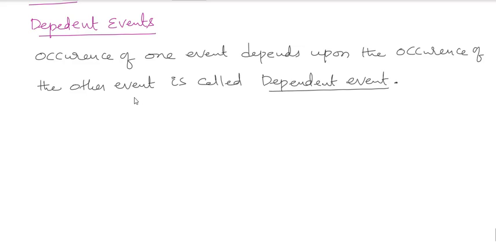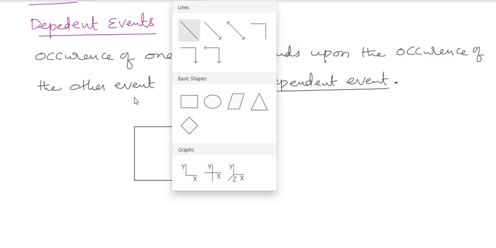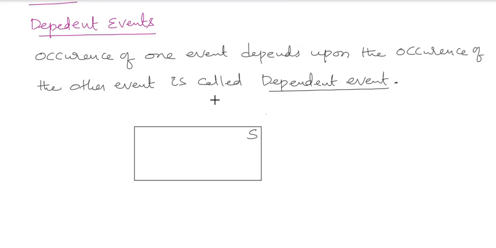Let me show this with respect to a Venn diagram. If I take this as a sample space, in which I will take events, this is an event, and one more. So these are two different events.